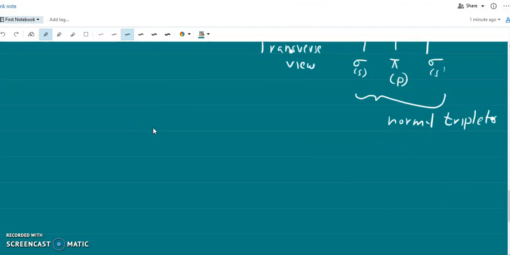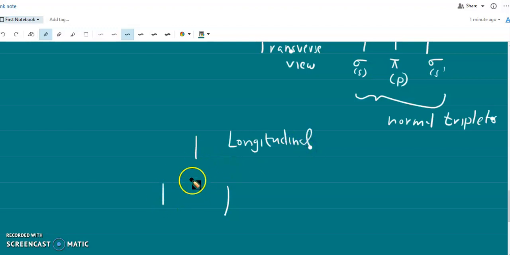But when viewed parallel to the magnetic field, every line is found to split into only 2 lines. So if we have a longitudinal view, suppose we are viewing in a direction parallel to the magnetic field, then there are only 2 lines.